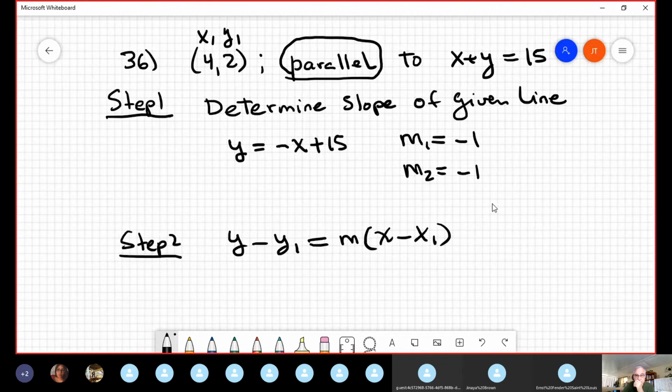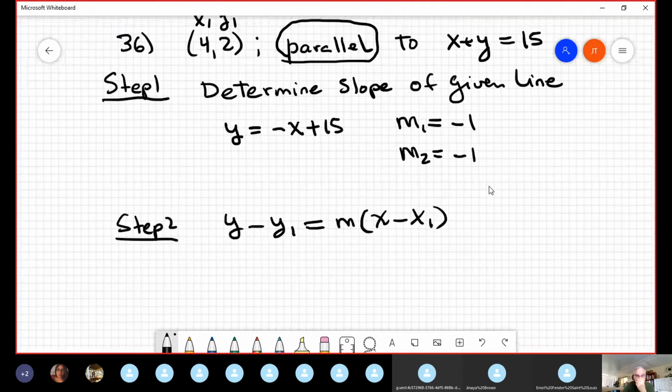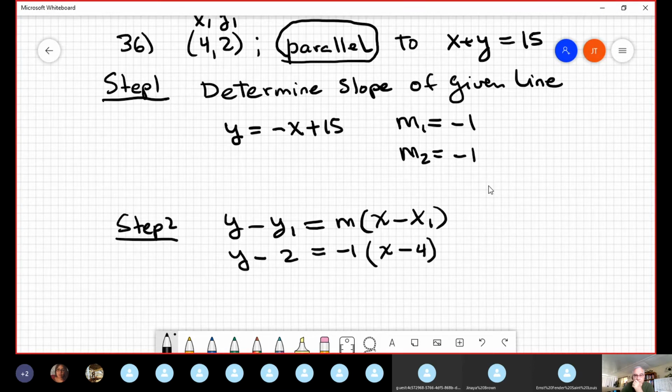So using the new slope and the given point, I find the equation. y minus 2 is equal to -1 parenthesis x minus 4. Remove parentheses, distributive property: minus x plus 4.